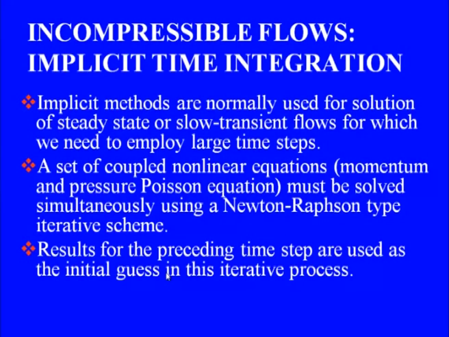So, we have a coupled system of nonlinear equations which must be solved simultaneously using a Newton-Raphson type iterative scheme. In this iterative process, the results of the preceding time step are known to us, so they are used as the initial guess.